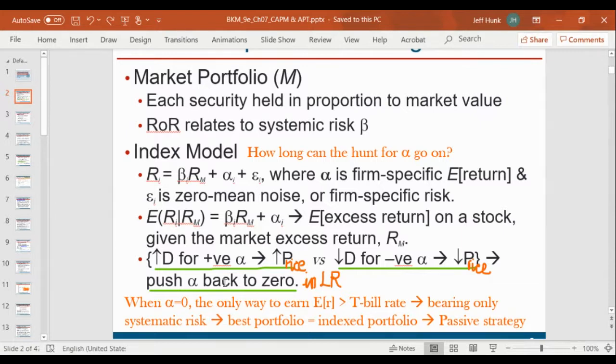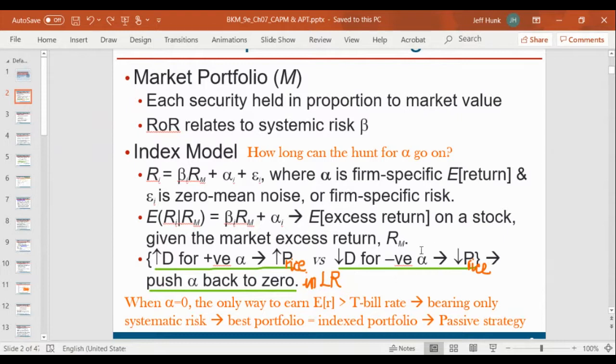Everyone else in the market, as long as they do security analysis or hear from someone who does, will know there's a significant alpha in Google, and they will all run to buy Google. Demand goes up for Google, and then there will be an upward pressure on price. Price will go up eventually.